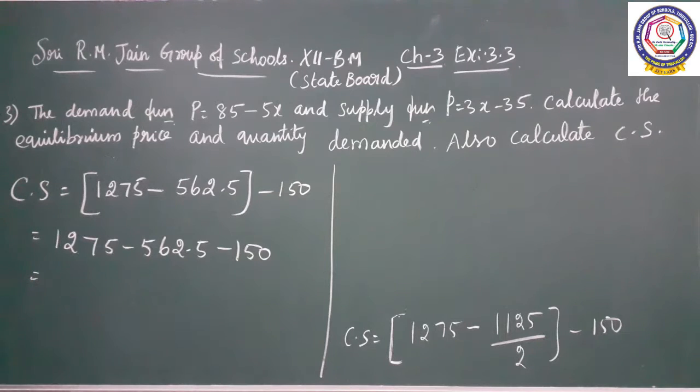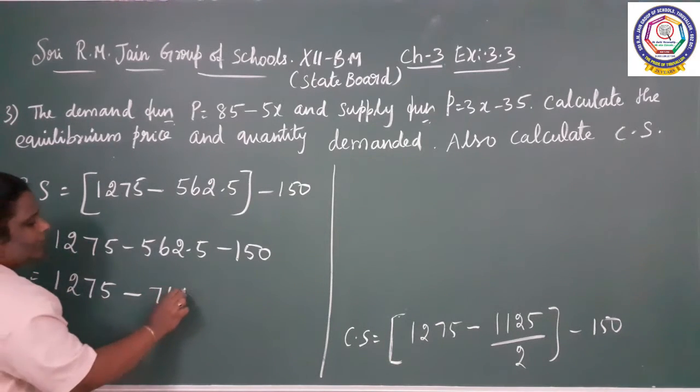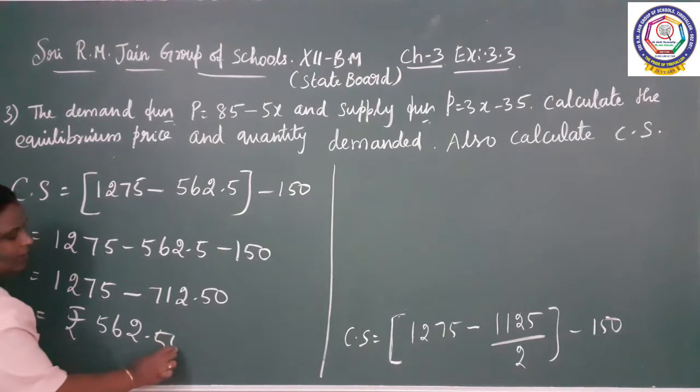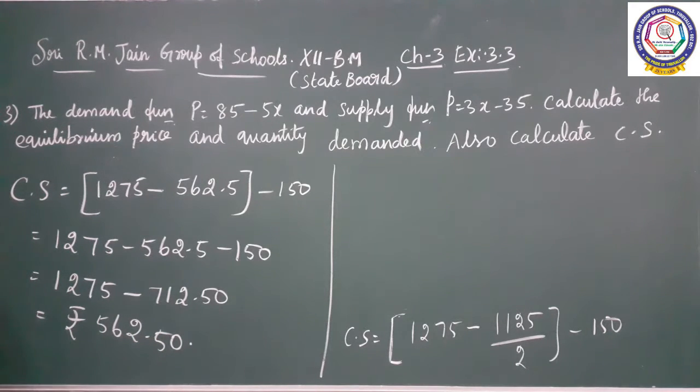So what is the answer for this? 1275 minus, you can add both the values, you are getting the value 712.50. What is the final thing? Final thing is rupees, consumer surplus rupees 562.50.